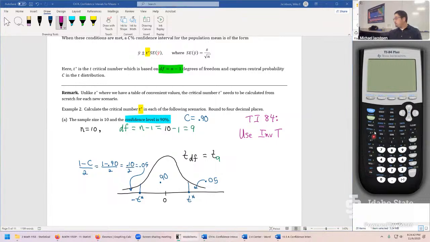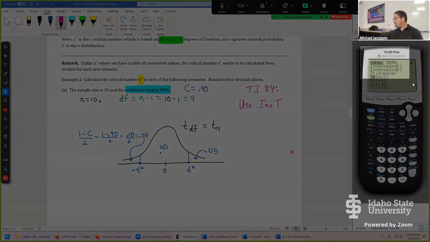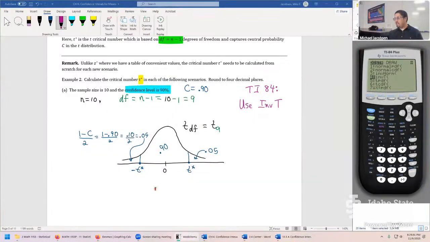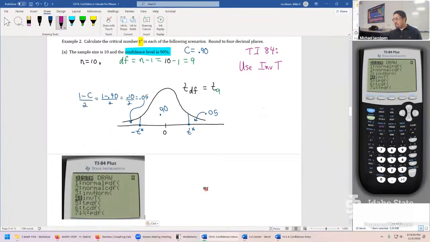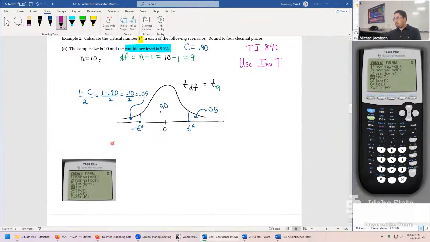Starts out similarly like before, hit second vars. Go down to inverse t. So that's the function we want. Since this is the first time we're doing this, it wouldn't hurt to put down a bit of a paper trail, so let's put some screenshots down as a sequence of calculator operations you would take. So here's inverse t going in.